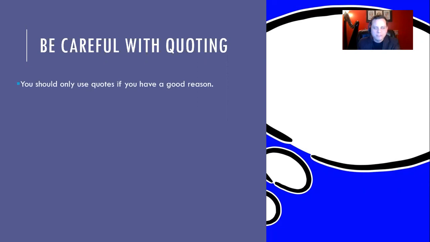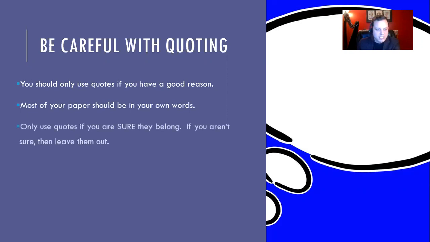So only use quotes if you have a really good reason. Most of your paper should be in your own words. Like I said, don't put quotes around your whole project and then submit it. Only use quotes if you're really, really sure that they belong. If you aren't sure, leave them out, take notes, and create your own sentences like we just practiced.